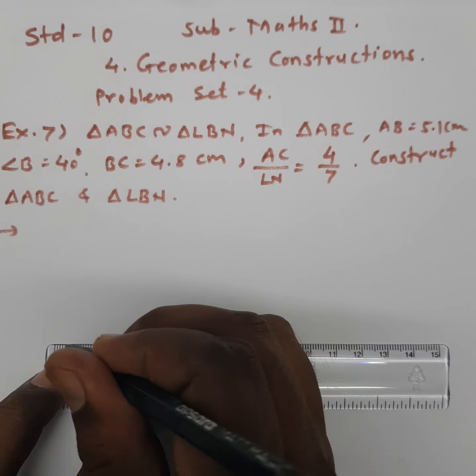Now side AB is given as 5.1. On that ray we have to take a point at the distance 5.1 centimeter.